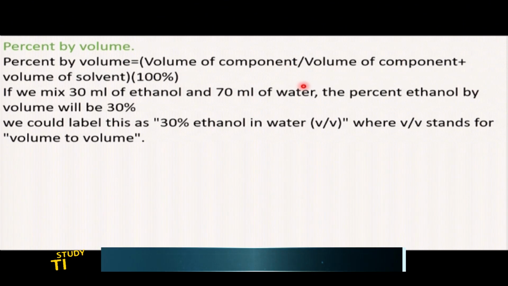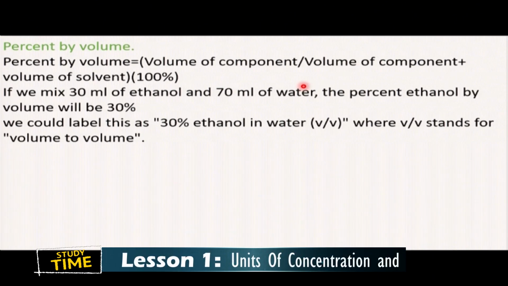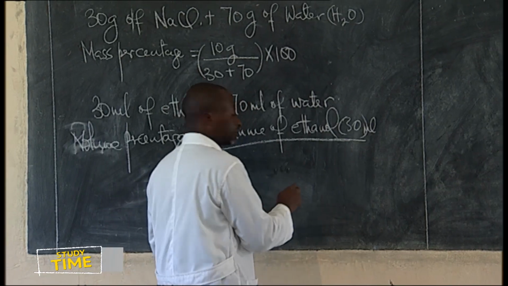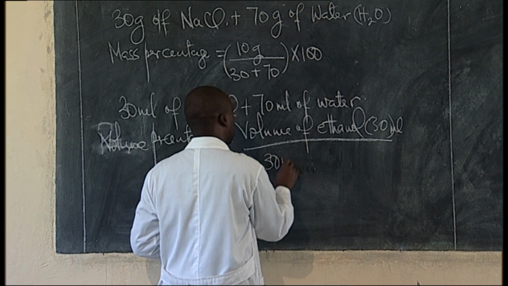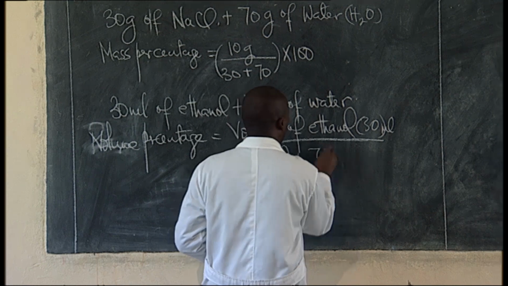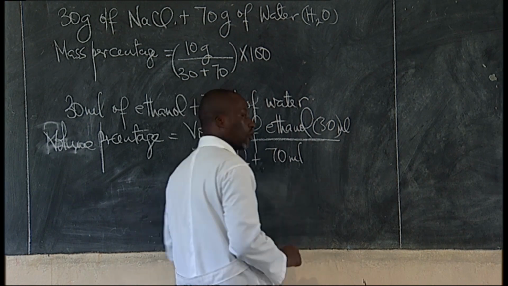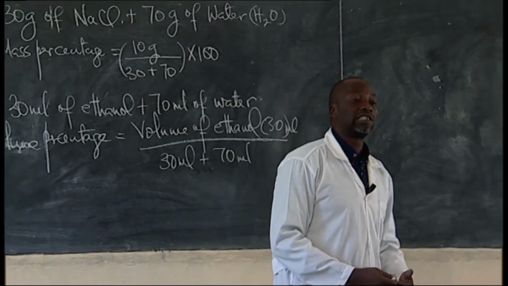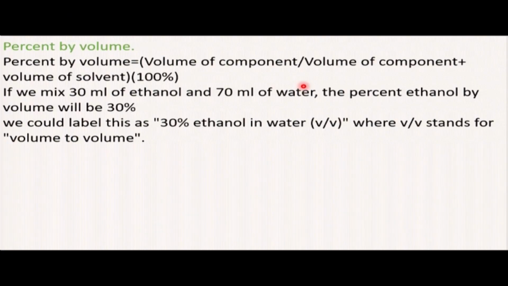The solution is made up of 30 milliliters over 30 milliliters of ethanol plus 70 milliliters of water. That solution is labeled as 30% ethanol.